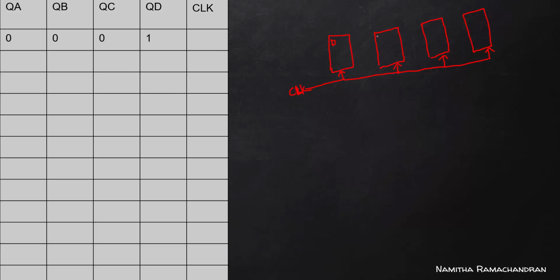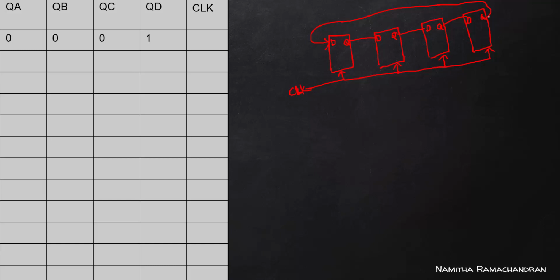Suppose these are 4 D flip-flops. The Q out of the first flip-flop has to connect with the input port of the second flip-flop. This Q forms the input of the next one, this Q forms the input of the next, and this Q forms the input of our first flip-flop. Now this shift register acts as a 4-bit ring counter.